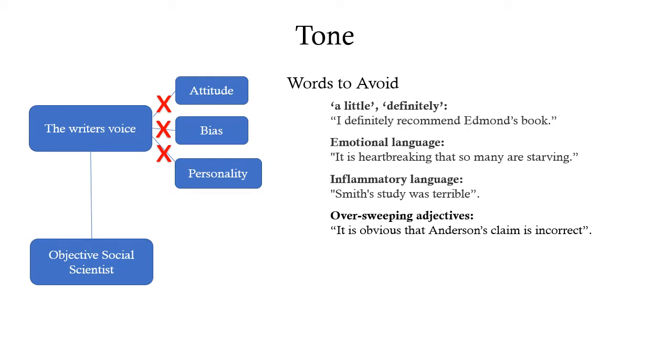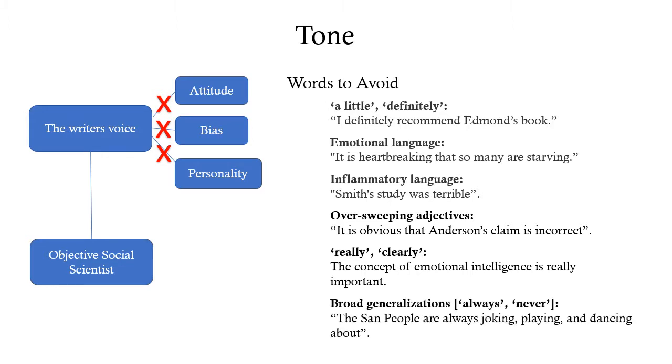Oversweeping adjectives, such as it is obvious that Anderson's claim was incorrect. Really or clearly, the concept of emotional intelligence is really important. And you should avoid broad generalizations, such as always and never. For example, the sand people are always joking, playing, and dancing about.